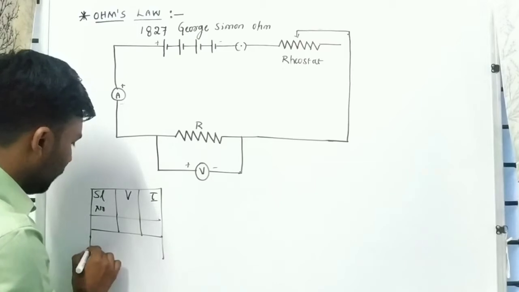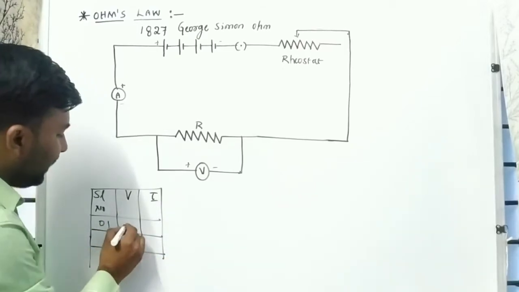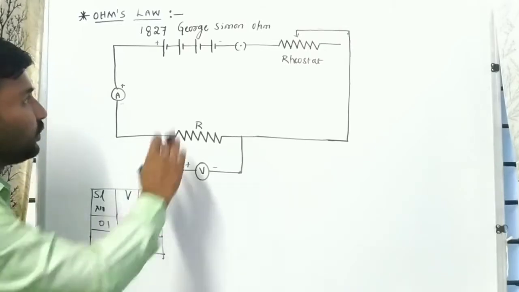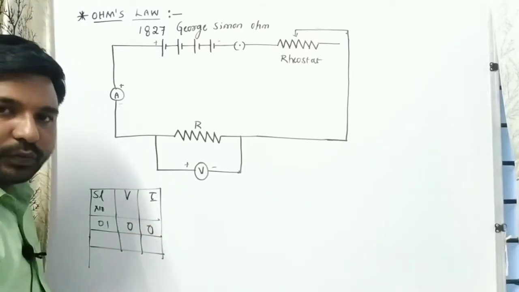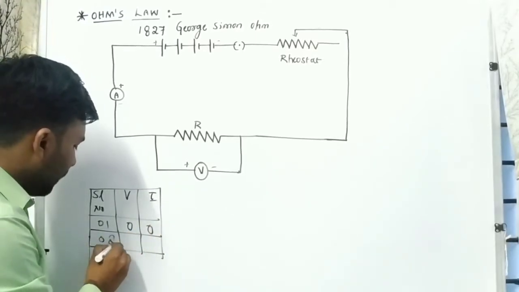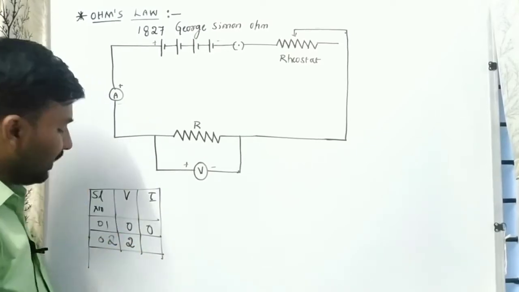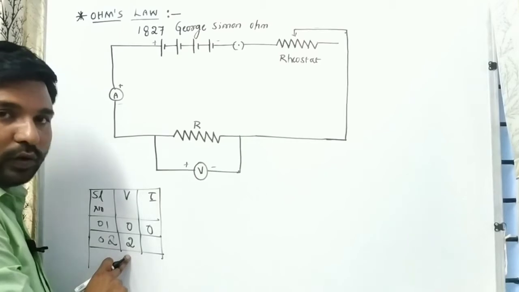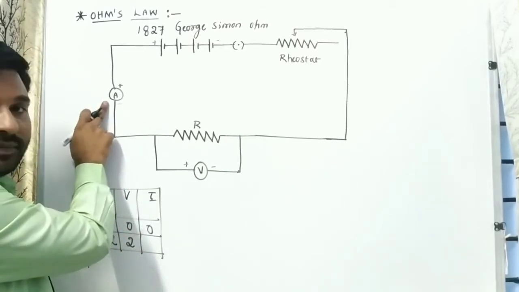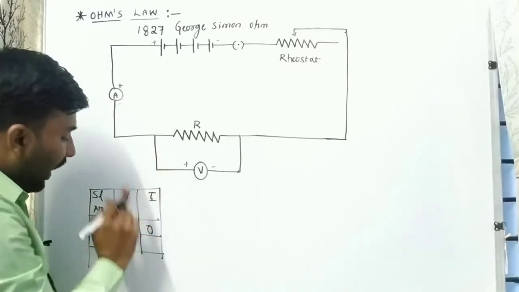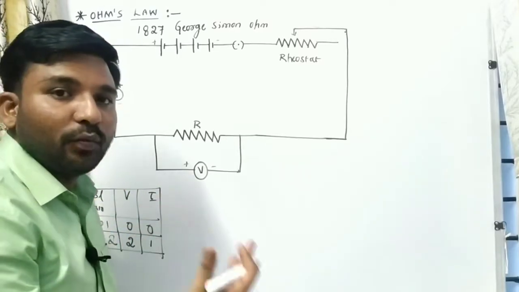When the potential difference is 0, there is no potential difference in the circuit, meaning the current is also 0. He has taken one single cell having the potential difference 2 volt. After that, he has measured the current. He observed that the ammeter shows the current is 1 ampere.